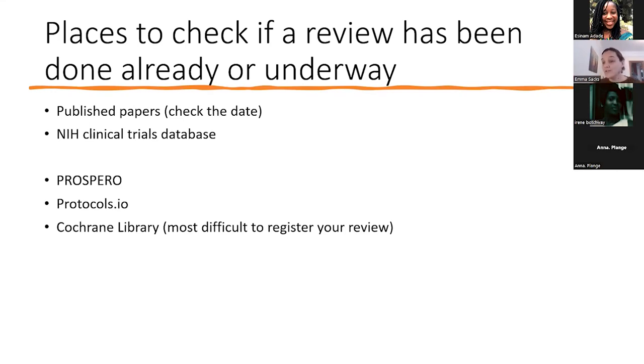But it's a good starting point to see if there's been a review or even a scoping review, a rapid review on something similar. And there may have been something similar that was done in a certain population. So even though systematic reviews are usually global, sometimes they have a smaller scope, and that doesn't mean that yours may not be a good parallel.